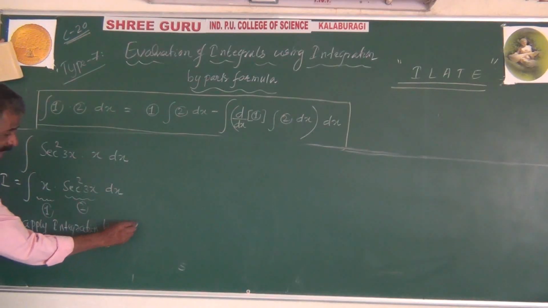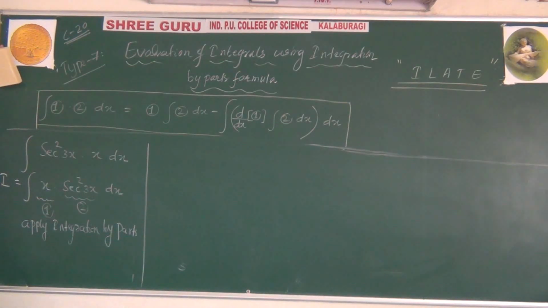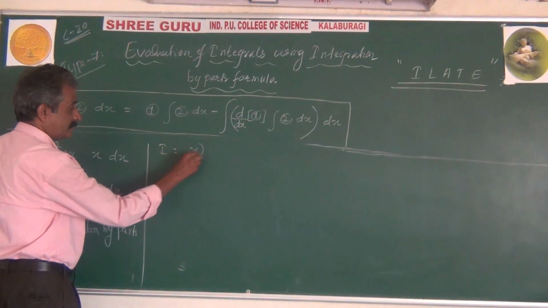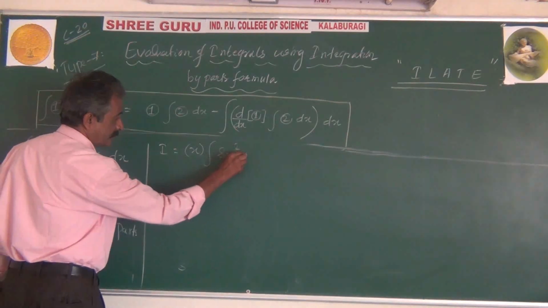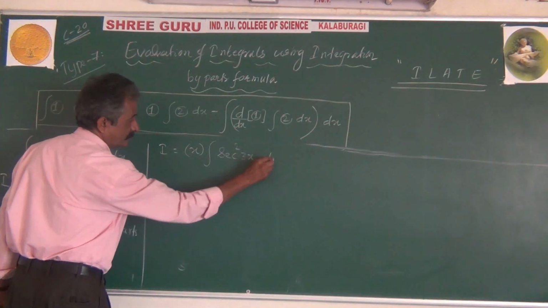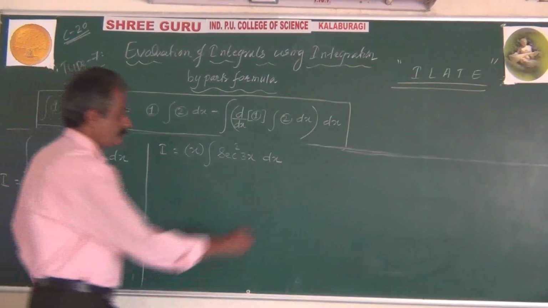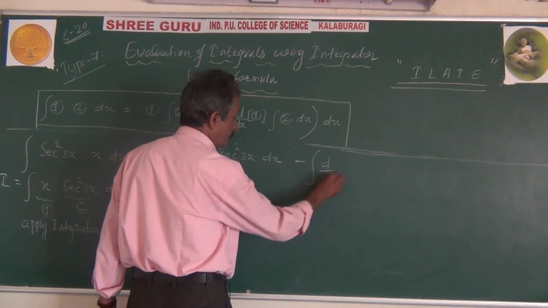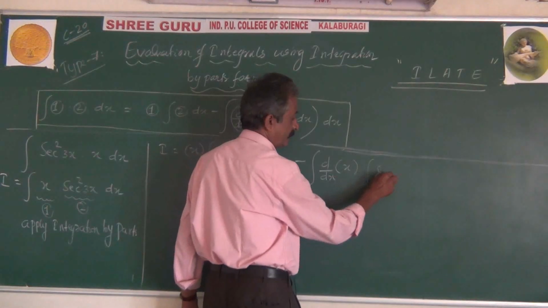And what is the meaning of by parts? By parts means integration of a product of two functions. What does it say? First function x as it is into integration of second, that is integration of secant square 3x, minus integration of differentiation of first into integration of second, that is integration of secant square 3x.